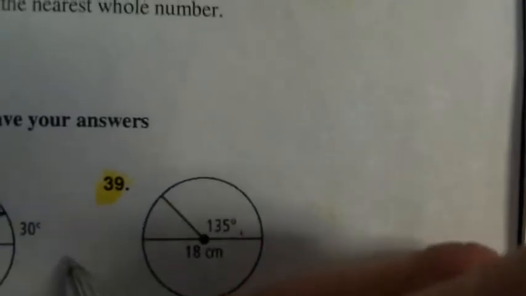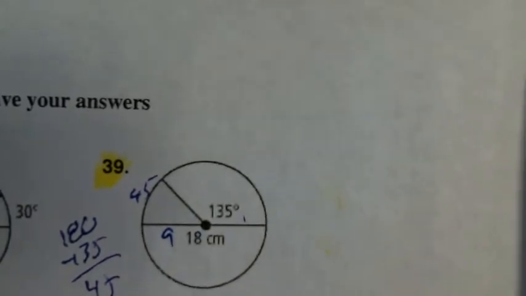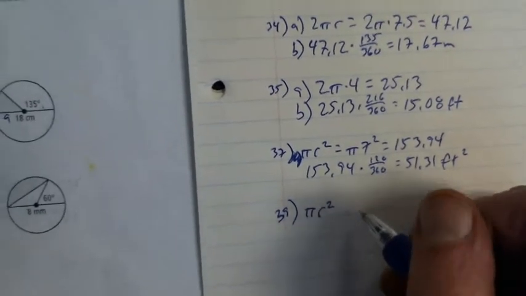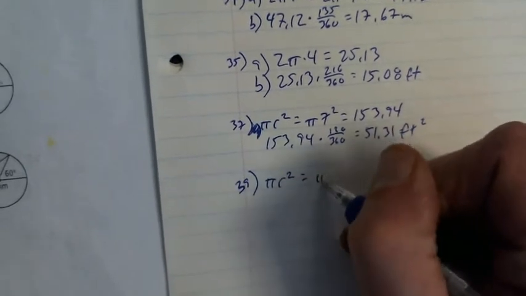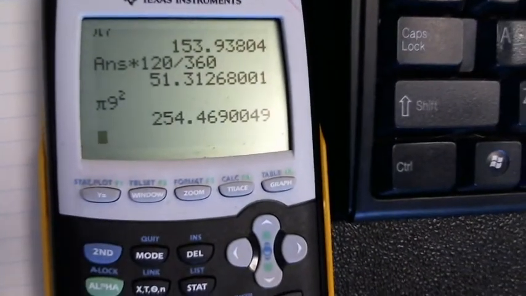So 39. If this is 135, this is what's left over from 180. 180 minus 135 is 45. 18 centimeters across means 9 for the radius. So pi r squared is going to be pi times 9 squared, 254.47.